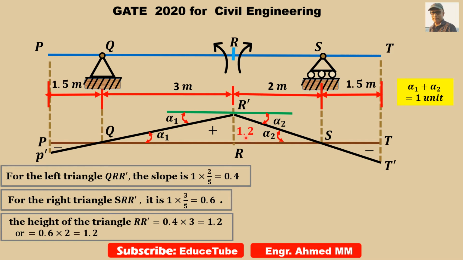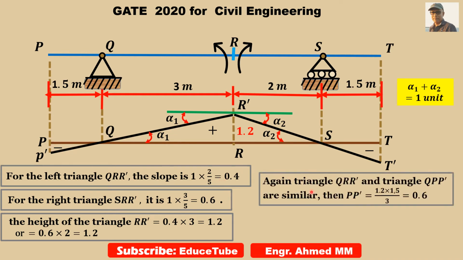So we got it. Now our target is to find this height, this ordinate for this triangle, and also this height. So let's see that. Triangle QRR' and triangle QPP', both are similar triangles.